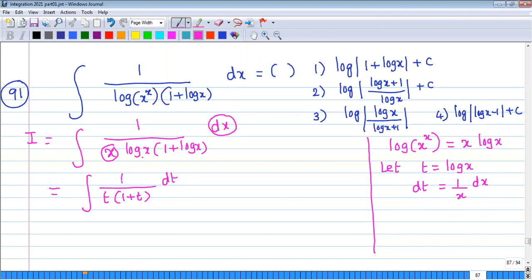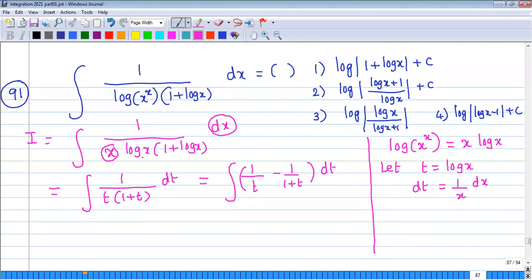This we can write as integral 1 upon t times (1 plus t) dt. Partial fractions of 1 upon t times (1 plus t) we need to write. Difference of these two factors is 1, so directly we can write integral of 1 by t minus 1 upon (1 plus t). Take LCM and simplify: 1 plus t minus t, t cancels, so 1 by t into (1 plus t) only. So integral of 1 by t is log t, minus integral of 1 by (1 plus t) is log of (1 plus t).